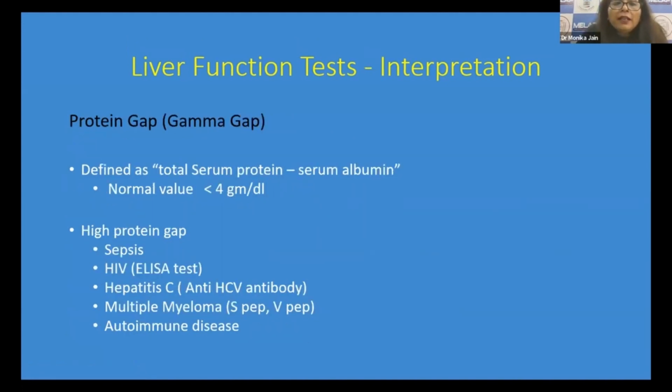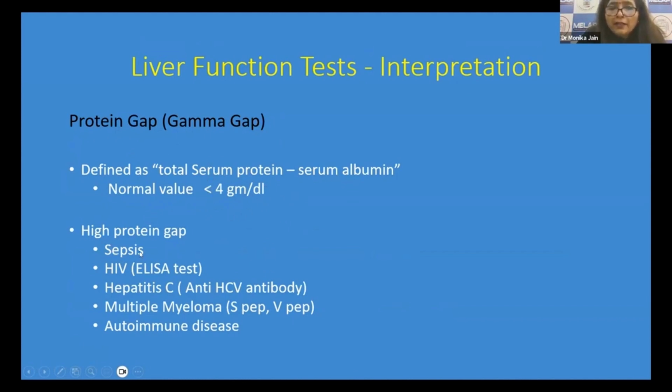Then we have another parameter which we can assess just by looking at the LFT, that is known as protein gap or gamma gap. This is defined as total serum protein minus serum albumin. The normal value should be less than 4. If this value exceeds, what are the conditions which we suspect?